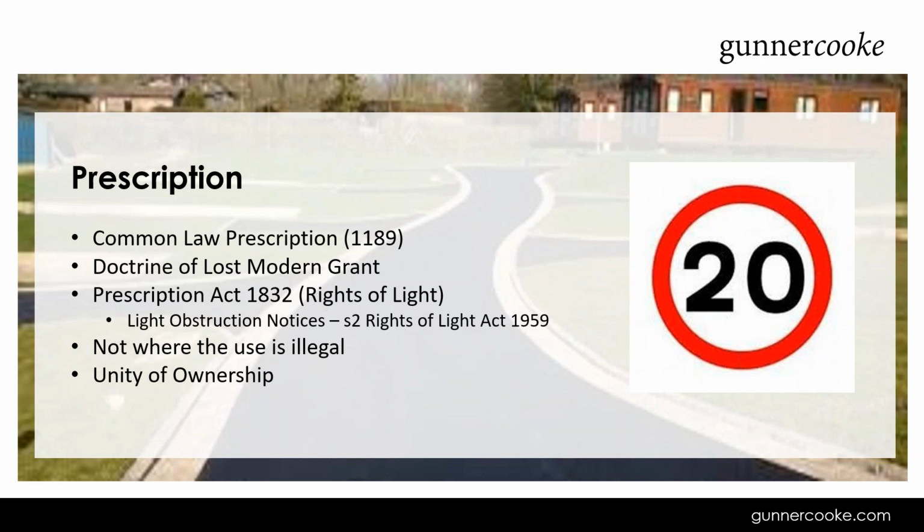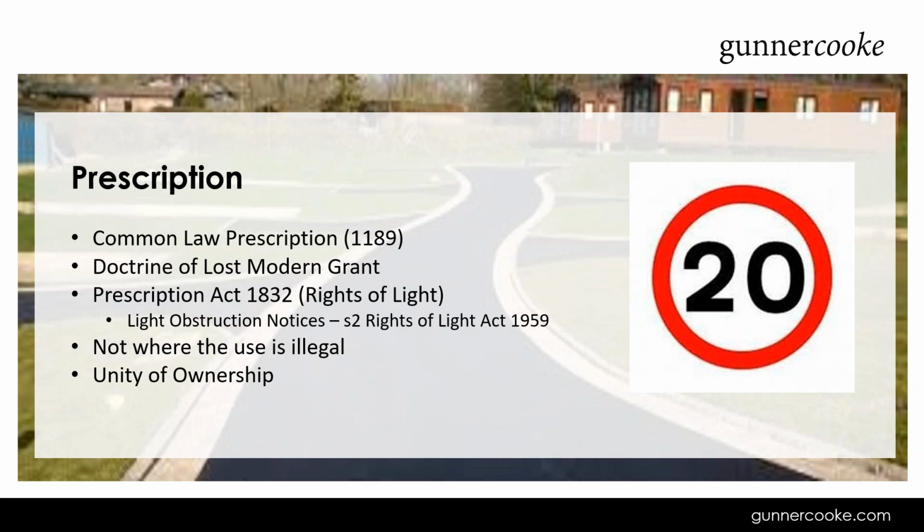But there are a number of different ways in which prescription arises, and these go back historically. So I'm just going to cover these very, very quickly in case you come across these terms. So there's the common law of prescription.